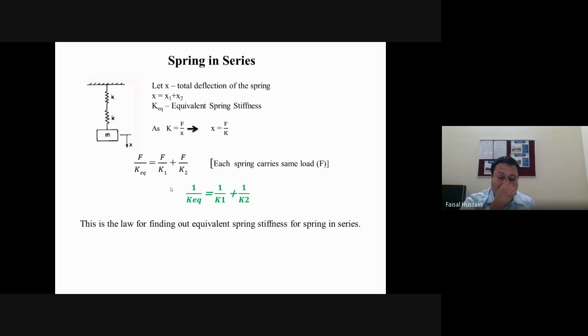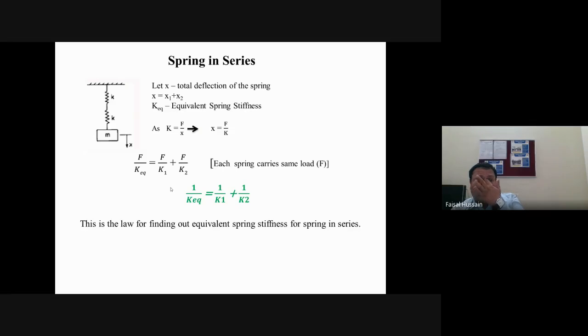Now let us move to our next topic, that is springs in series and springs in parallel. Very important. Now in springs in series, let us see the expression for equivalent stiffness. The basic aim in this topic is to derive the equivalent spring stiffness equation for springs in series.